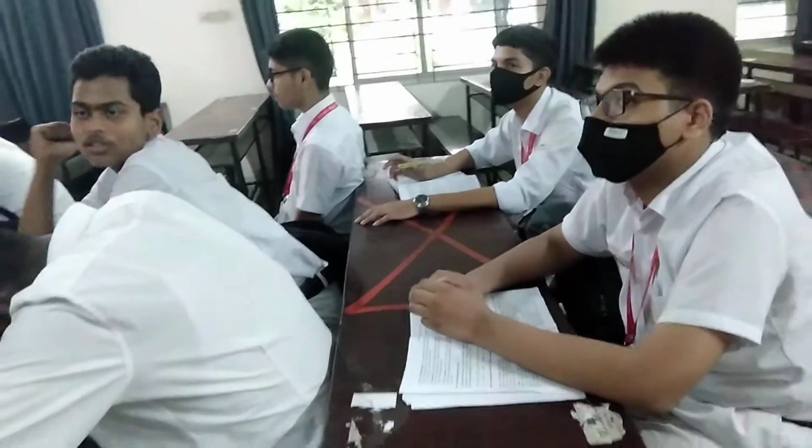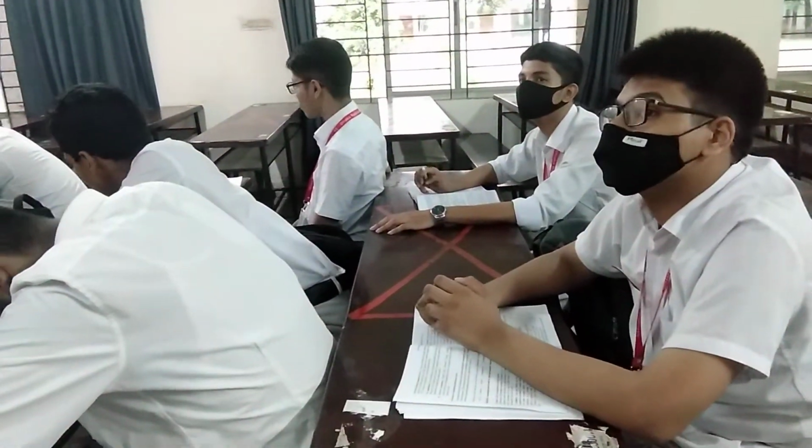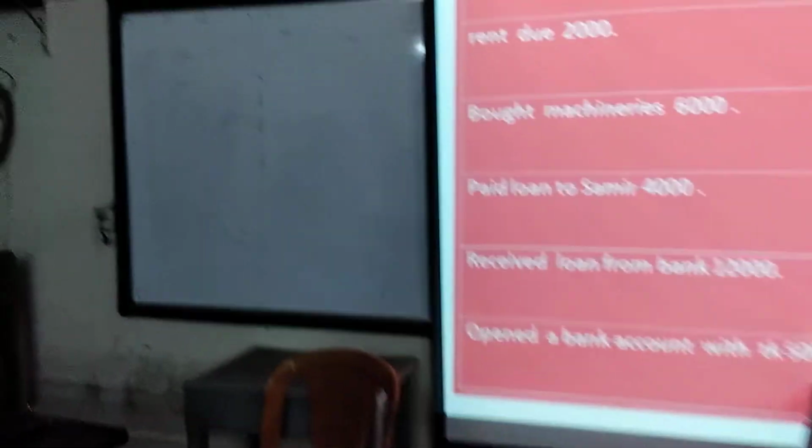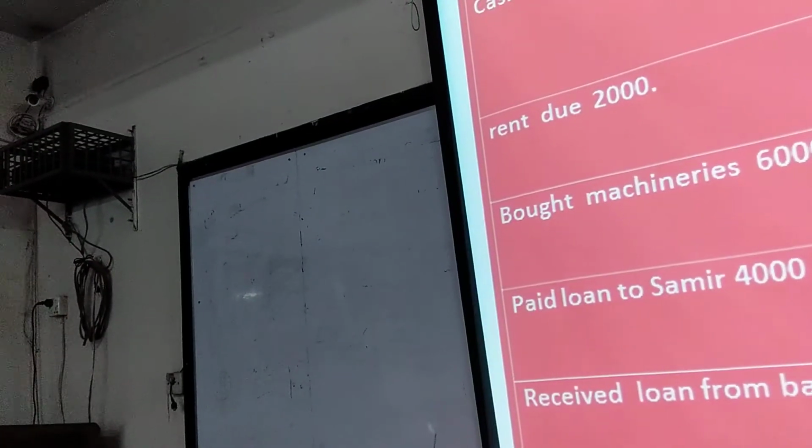Furniture column. If you purchase computer, then what column will be drawn? Office equipment. That is not office supplies. Office equipment. That is not machinery which is used for office purpose, especially for office purpose, that is known as office equipment.